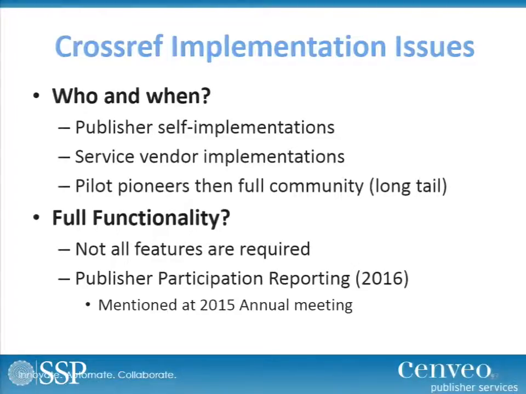And now that Crossref has both their core DOI functionality and all these other functionalities, it's become multiple implementation tasks. And it's not all happening uniformly adopted. And so Crossref, at their annual meeting last fall, was announcing that they are going to be doing publisher participation reporting as a way to highlight and encourage the best practice of complete metadata for participating publishers.